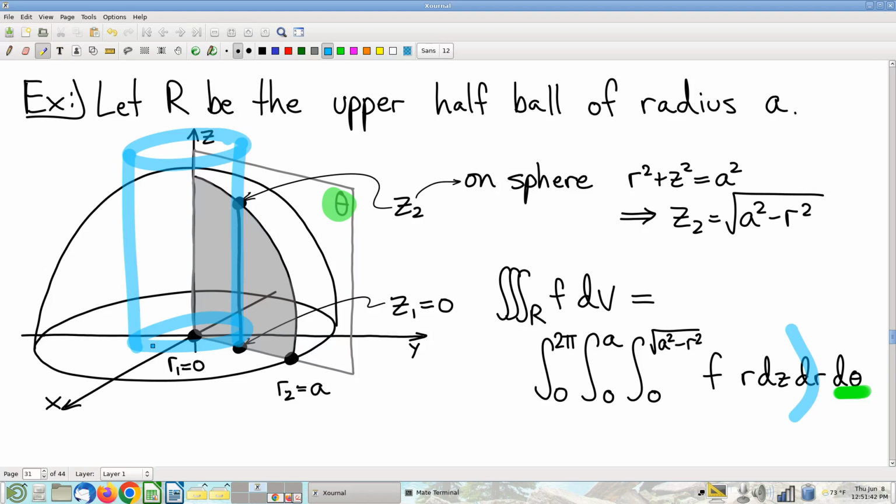This is what it looks like when you set a constant value of r. So how does that r slice intersect the theta slice? The way this cylinder intersects that plane is by way of just this cross section here, a vertical slice of the theta slice. Is everybody with me? Okay.